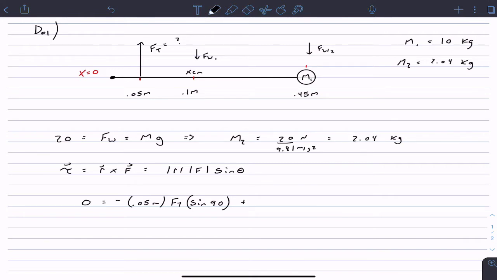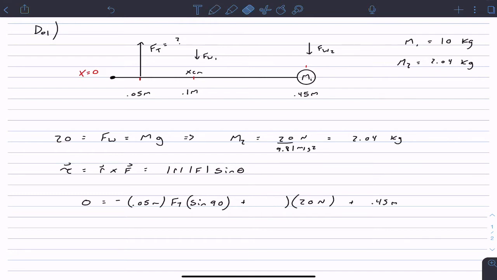Then, similarly, this is 0.1 meters times the weight force, which is 20 newtons, we're told. That's going to be at the center of mass. It's the only place that makes sense; you're not going to have a weight force out here for the whole arm. Then we have 0.45 meters.